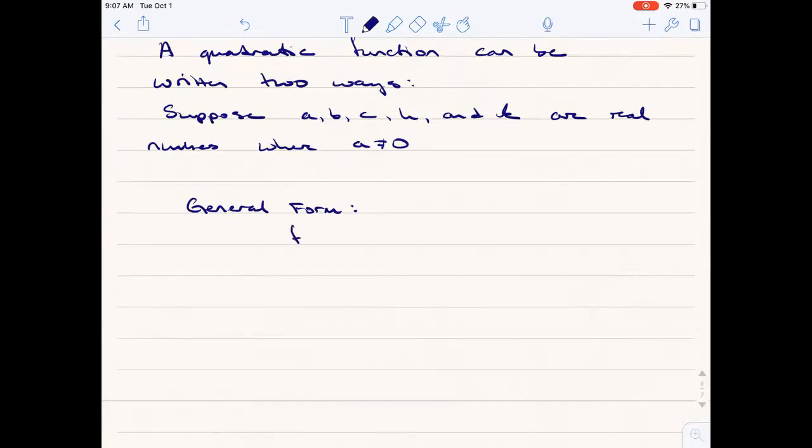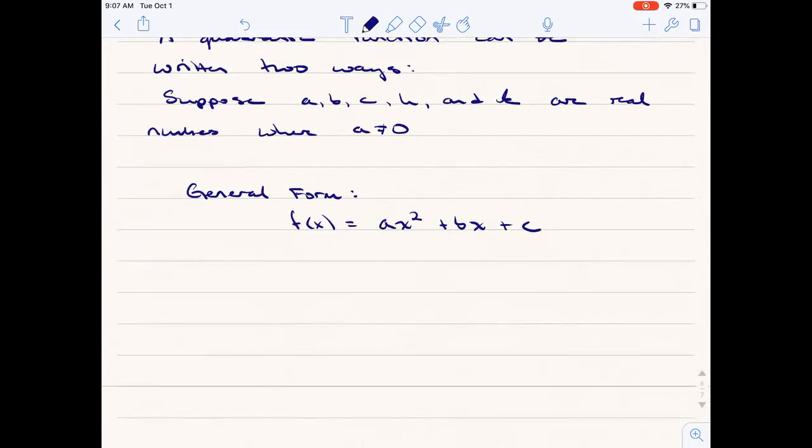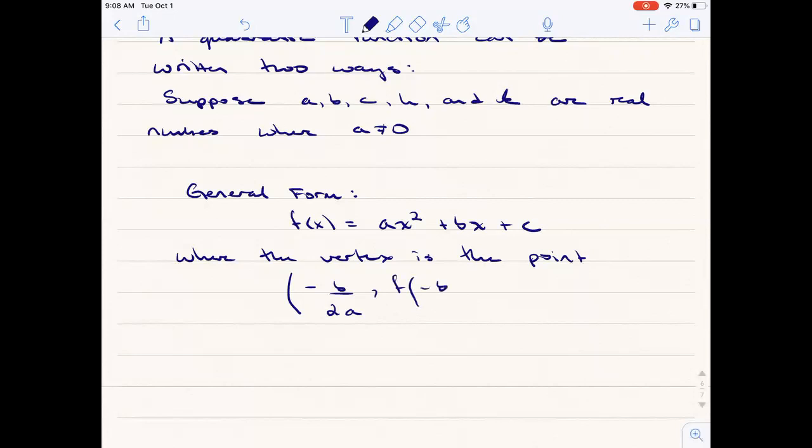which has the form f of x is ax squared plus bx plus c, where the vertex is the point negative b over 2a, and of course f at negative b over 2a.